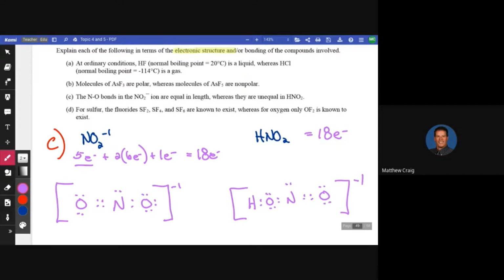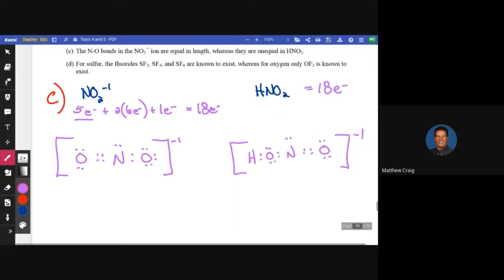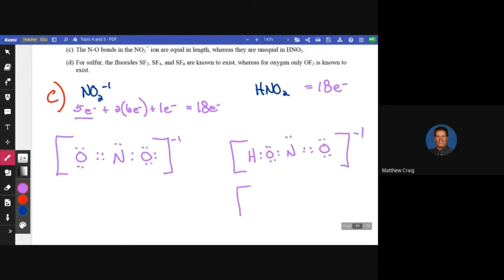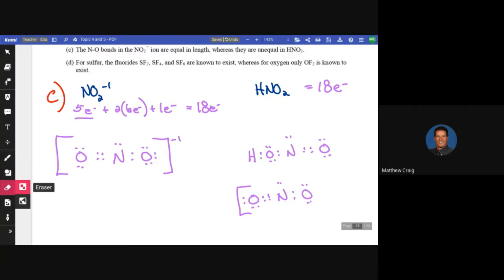How do you know to put the hydrogen on the other side of the oxygen? It doesn't matter. Can I put it below the nitrogen? Yeah. Where'd you get the negative? Can you get rid of the -1 charge? Oh, my bad. Sorry. Thank you. And actually, let me draw it this way too.